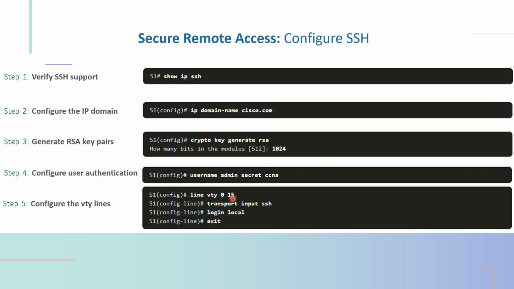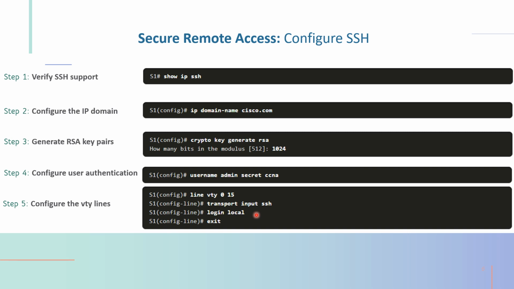By using line vty at the global configuration mode, followed by the number of the virtual lines that we need to configure, in this case all 16, we will be able to enter those virtual lines. After that, by using transport input ssh, we will enable the Secure Shell protocol.